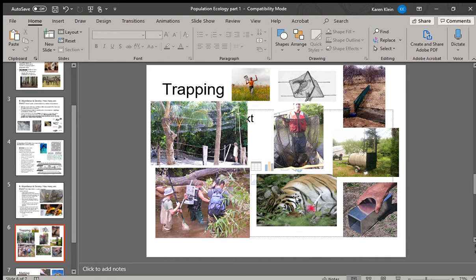This requires lots of hands-on experience, obviously, and an on-site veterinarian to revive the animal. But it is definitely a method that is used when you are trapping an animal for individual study and for population study.